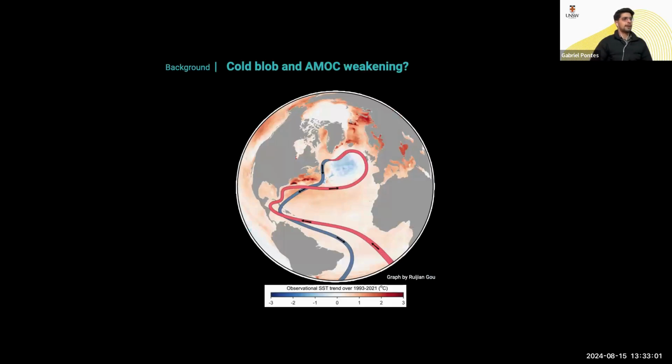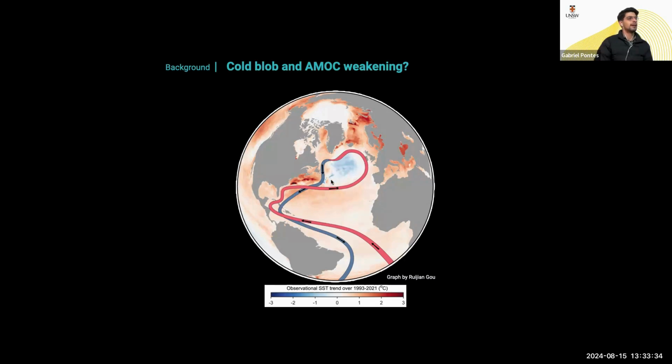So first, some background on some of the studies that have tried to assess the state of the AMOC and how the AMOC has been changing in the last century. Most of these studies use the North Atlantic to assess the state of the AMOC, especially because of this feature, which is a cold blob or the warming hole, depending how you want to define it, which is related to the weakening of the heat transport towards the subpolar gyre.